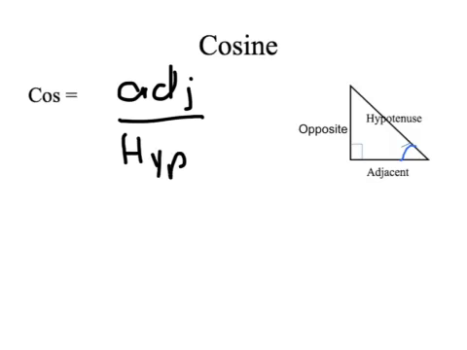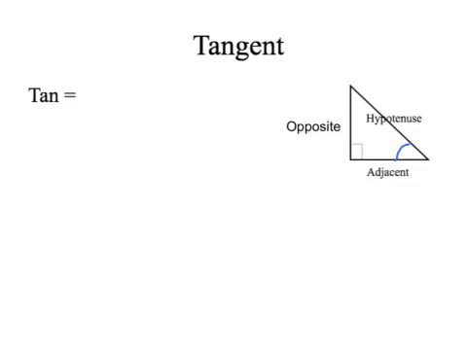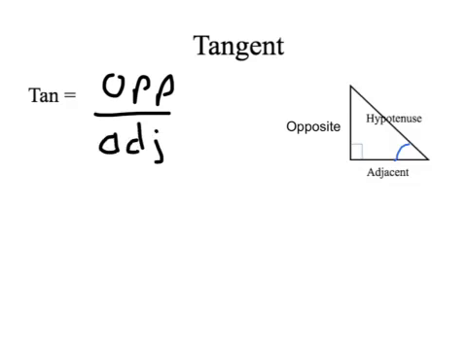So whatever the length of your adjacent side is over the length of your hypotenuse, that will be the cosine. And then finally we have tangent. Tangent is the opposite side over the adjacent side. Opposite over adjacent is tangent.